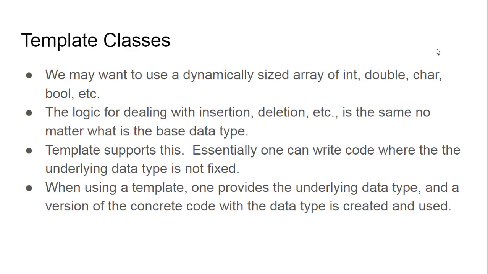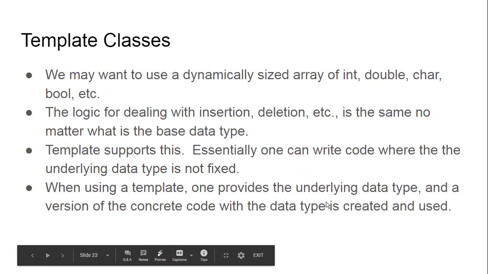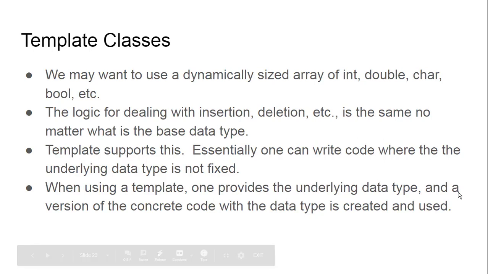So when other people want to use this template code, they need to provide the underlying type. And then the version of the concrete code is created and used. You can view what happens as essentially the data type you provide is used to replace all the places where this type variable occurs in your code.